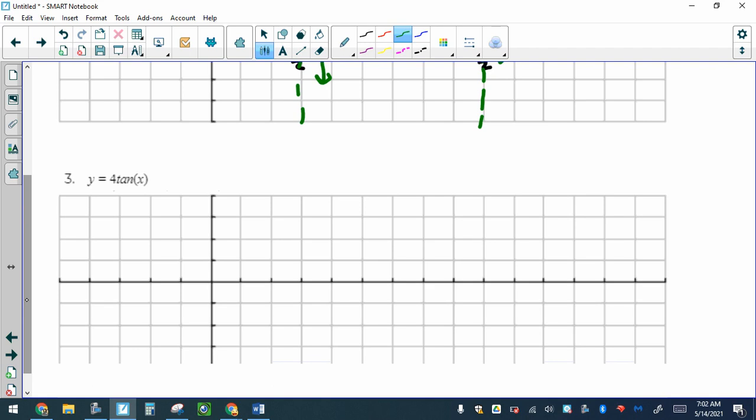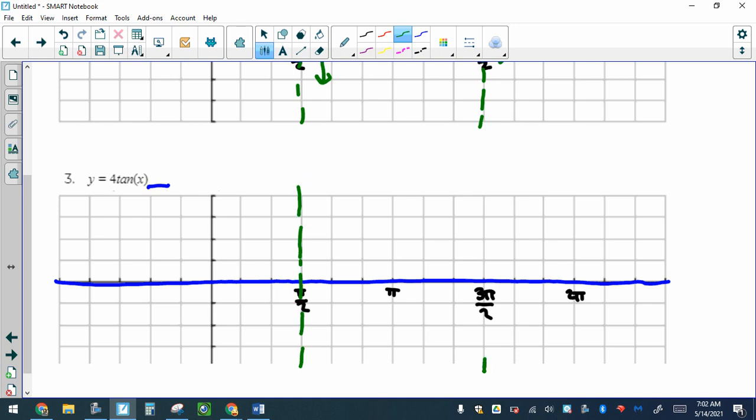For the last one that we're going to do together, I know there's one more that you should do on your own. The midline is at 0 because there is nothing being added or subtracted. Personally, I like to draw my vertical asymptotes in now. That's a little bit easier for me than trying to figure out where they go as we come across them.